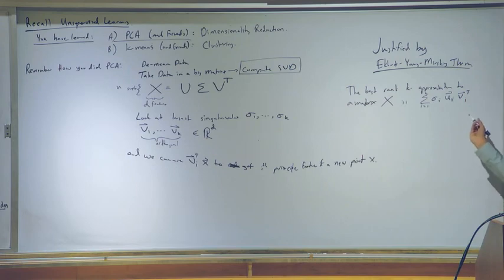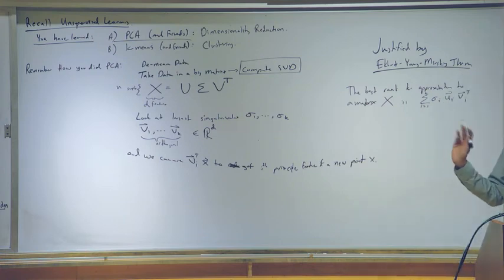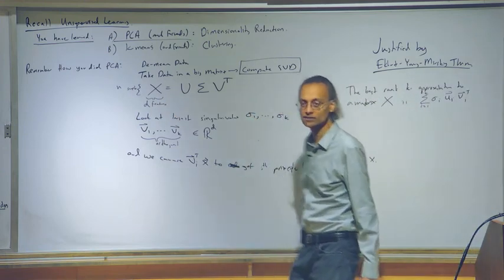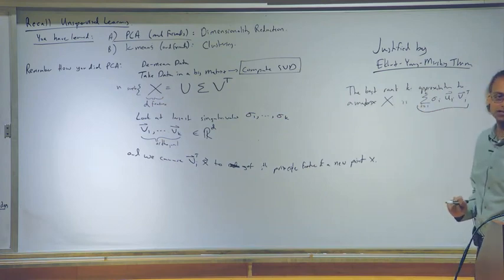Right? The Eckart-Young-Mirsky theorem that you might have seen, should have seen, says that this is justified because if I want to approximate a matrix X with a rank K matrix, I can just use this rank K matrix, and that's optimal.